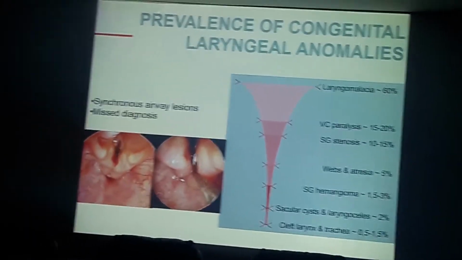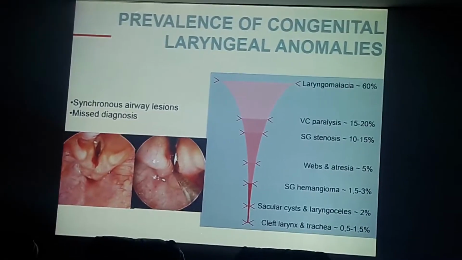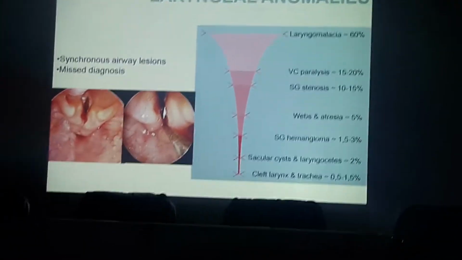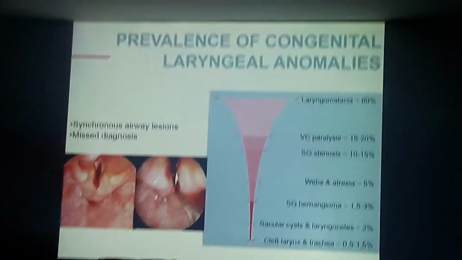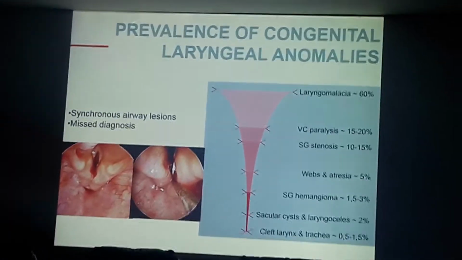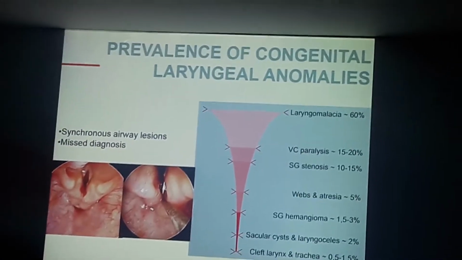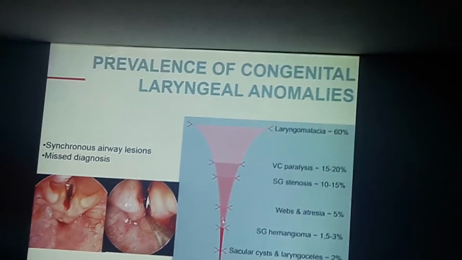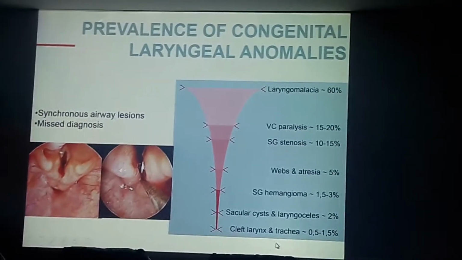So we know all this. There are certain things which are straight from the books, and there are certain things which are more clinically oriented. We all know about the various congenital anomalies and their incidences.